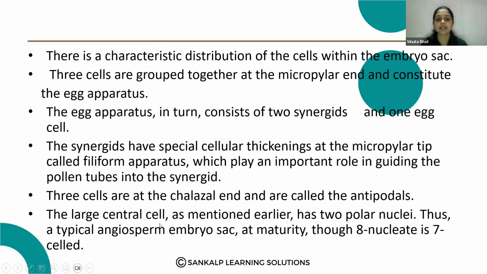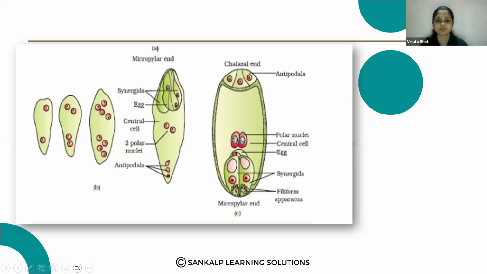The large central cell, as mentioned earlier, has two polar nuclei. Thus, the typical angiosperm embryo sac at maturity is called 8-nucleate and 7-celled, because at the center the two nuclei are surrounded by a cell wall as a single cell.